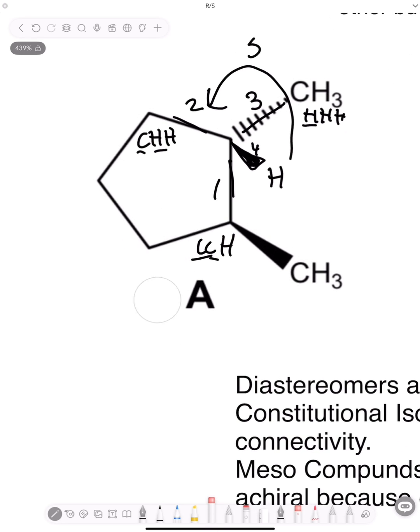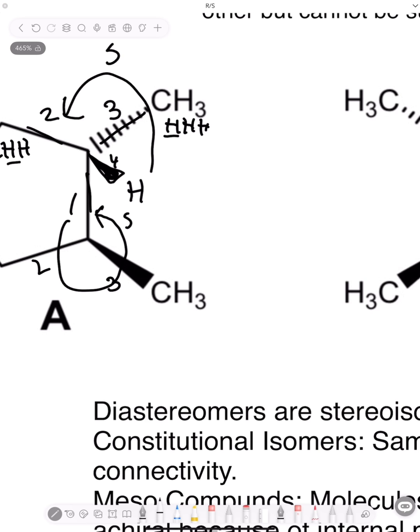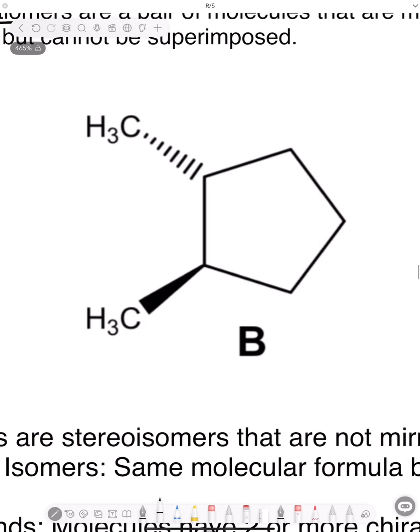And now that we understand that, I'm going to quickly go through this for the sake of time. So it's going to be 1, 2, 3, and it's going to go like this. It's going to be an S, and the hydrogen's already on the dash, so no need to flip. And it's going to be 1, 2, 3, but hydrogen's on the wedge, so we're going to flip it.